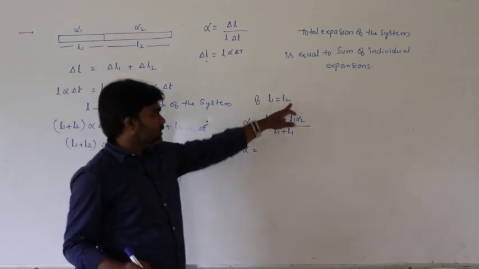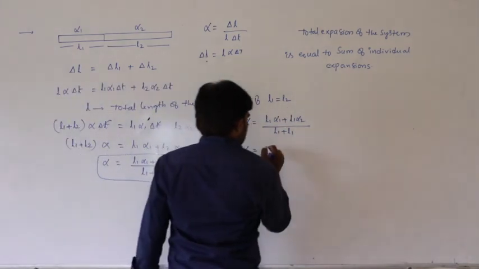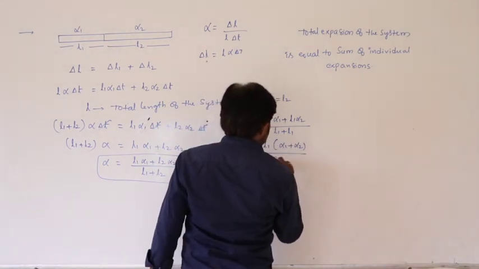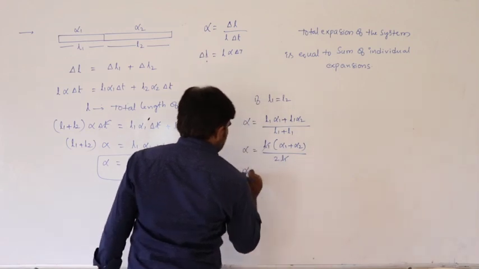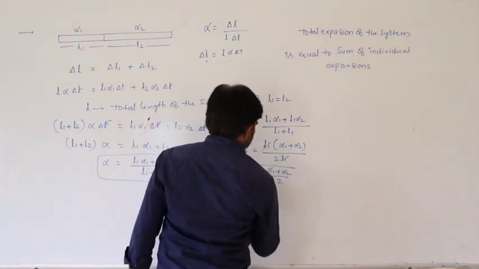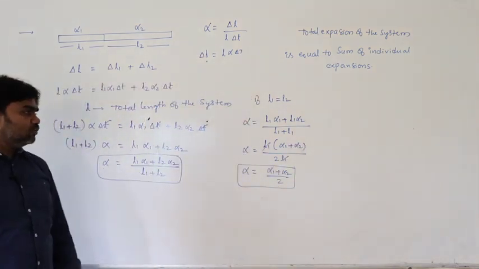So L1 is common: (alpha 1 plus alpha 2) divided by 2 L1, L1 gets cancelled, alpha is equal to (alpha 1 plus alpha 2) by 2.